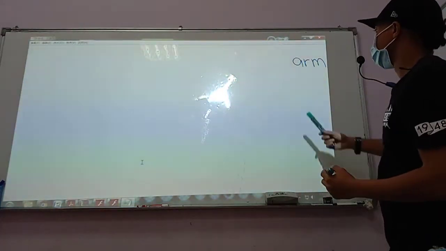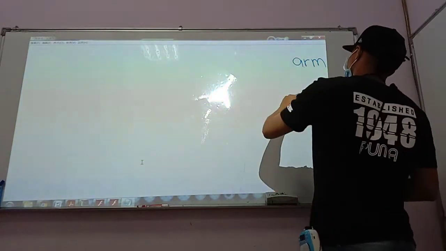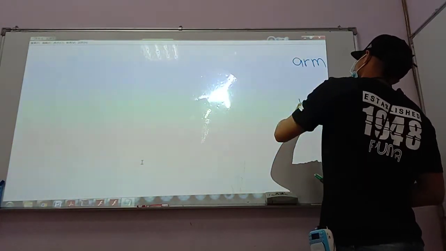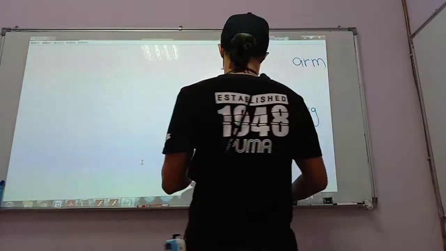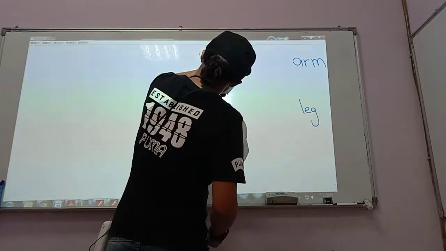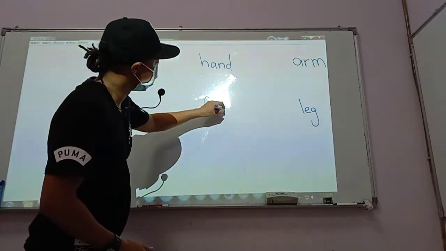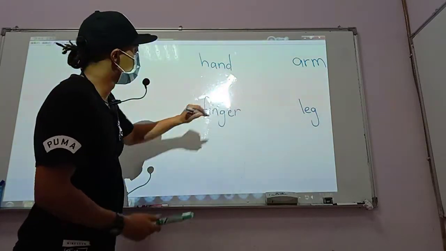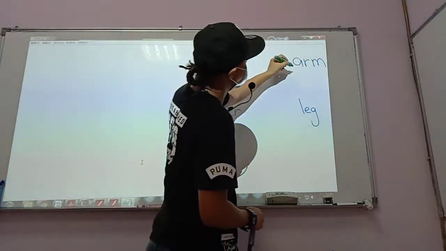Alright, first one is arm. And number 2 is going to be leg. And then hand. And finger. Alright, so let's say one more time.